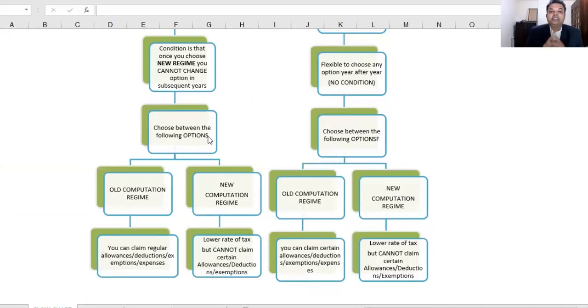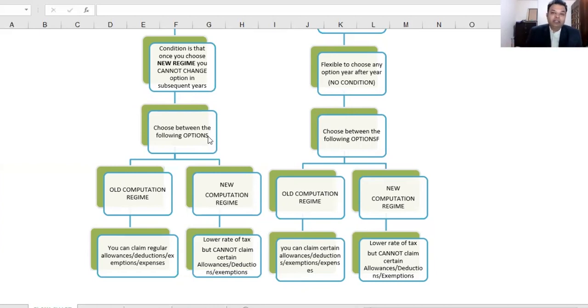But the condition is this, my friends, that after you choose the new regime, especially people having business income, once you choose in a year, you cannot change the next year. So say for example, you choose it in the 2021 financial year. Again, I'll repeat, if you choose it in the financial year April 20 to March 21, then in such a case, next year you cannot change.